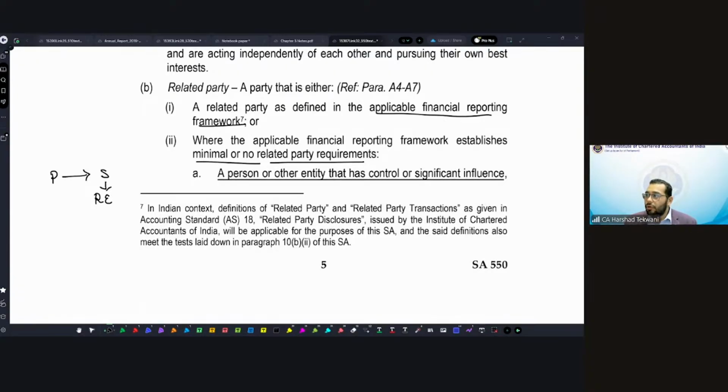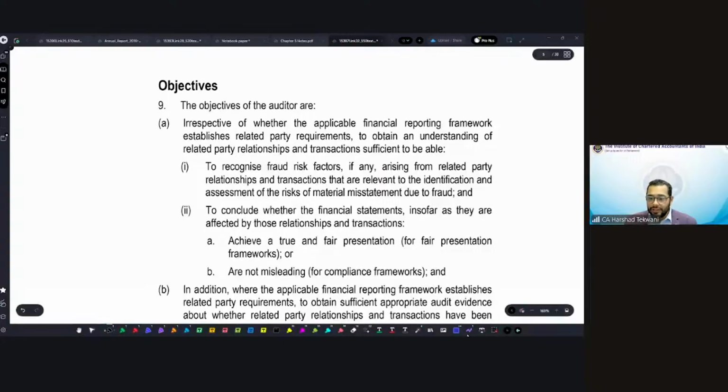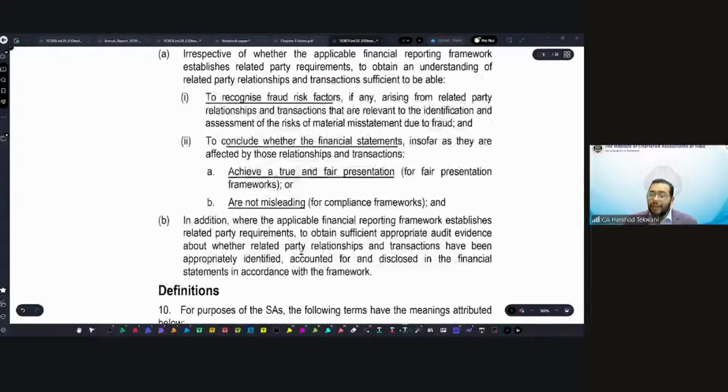Okay. So if we go quickly to the objectives: to recognize the fraud risk factors, to conclude whether the financial statements achieved true and fair presentation and are not misleading, and where applicable, whether the financial reporting framework establishes related party requirements. And if yes, then whether it has been disclosed in the financial statements in accordance with the framework.